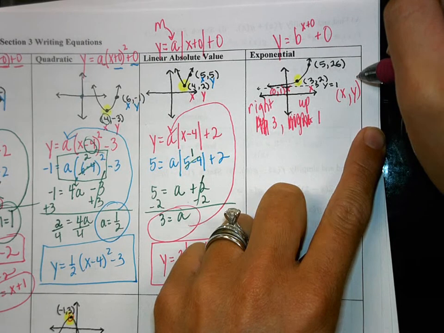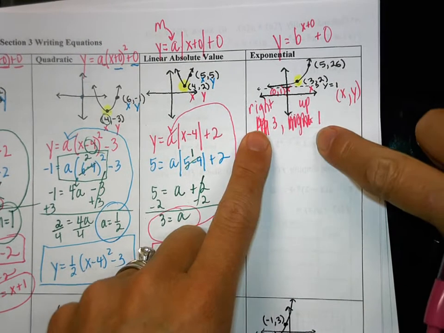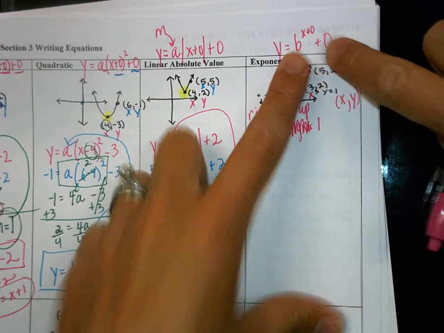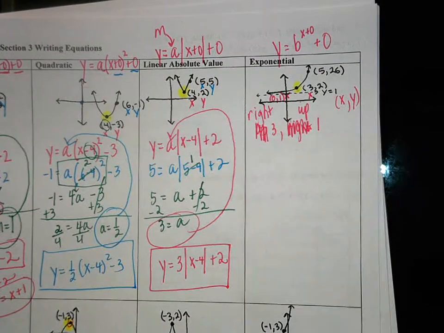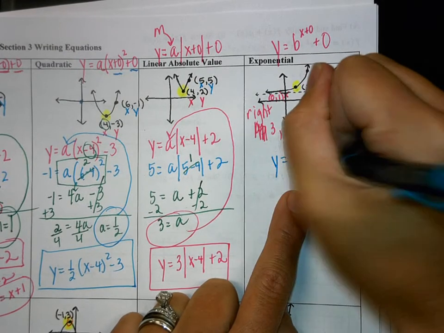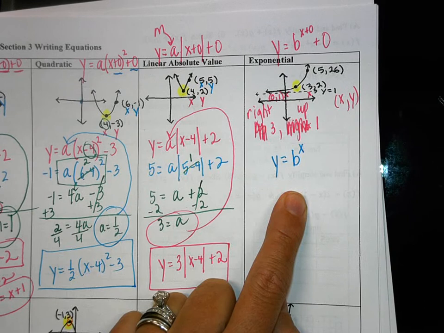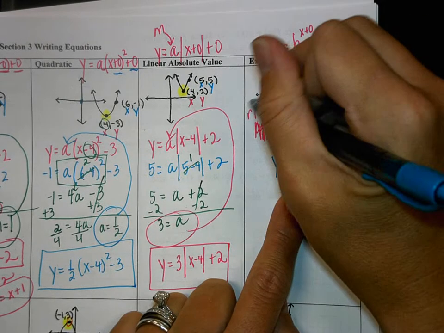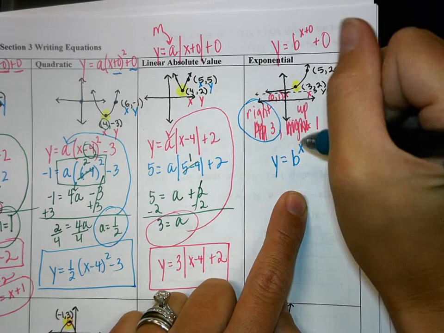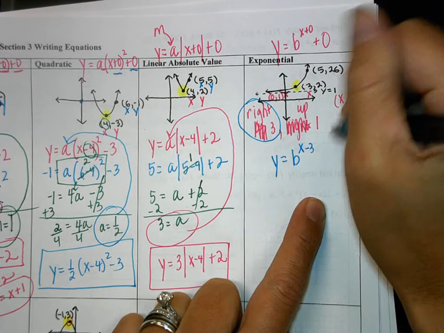Okay, so with that information, what's going to happen with our equation? It's going to be Y equals B to the what? In order to make it right 3, we're going to put X what? Very good. And then in order to go up 1, we're going to do?